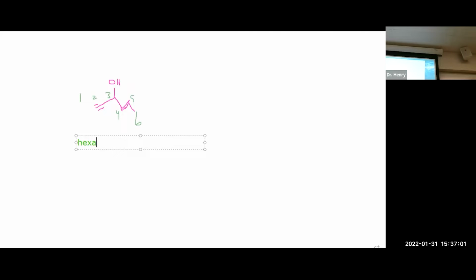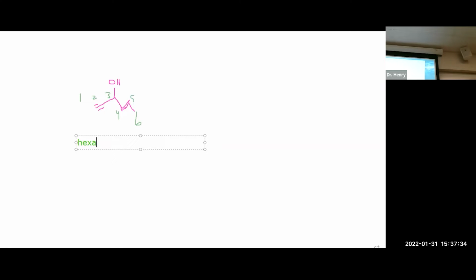You were saying earlier. Okay, should I put the hex? The hexanol goes at the end? Okay, so that's the old school way.